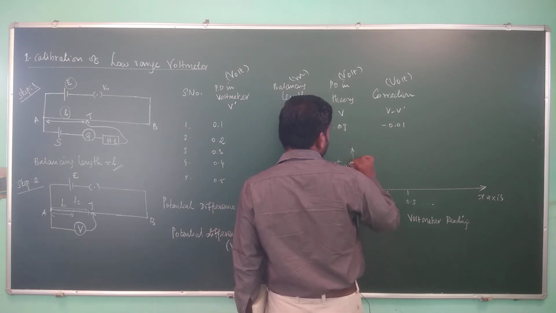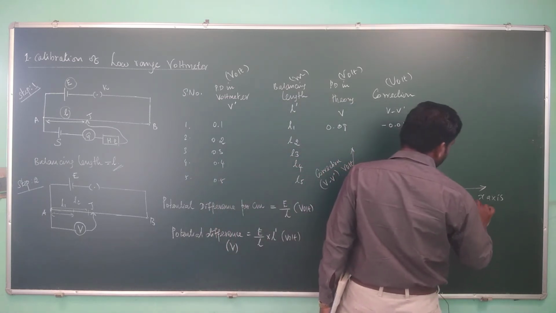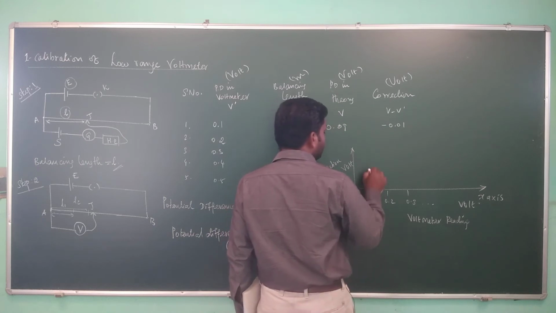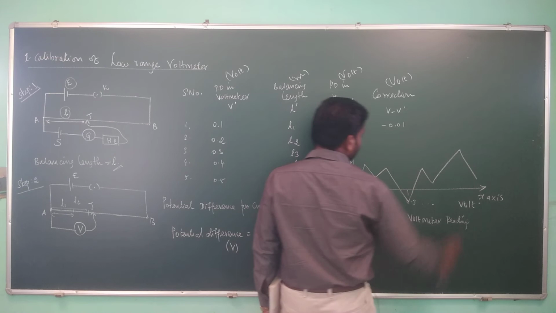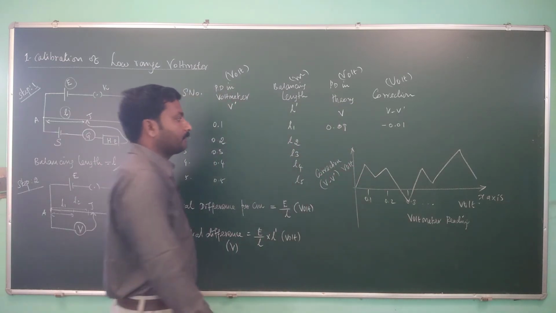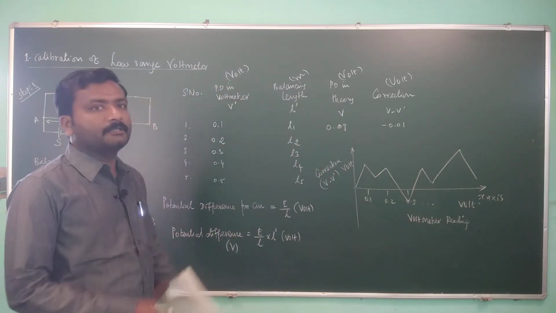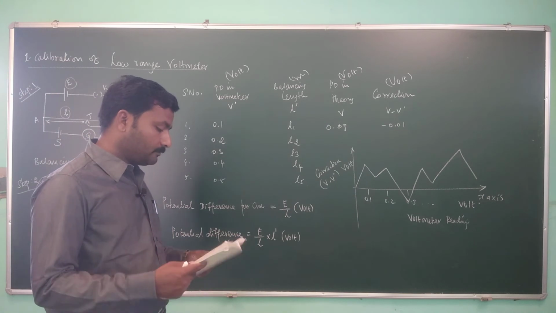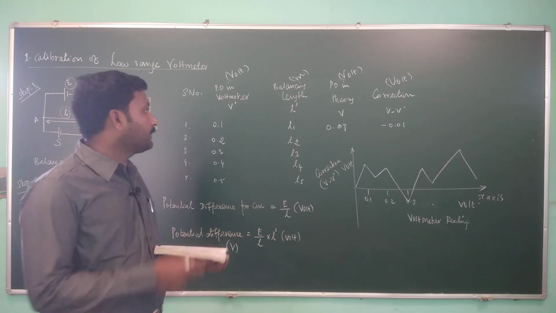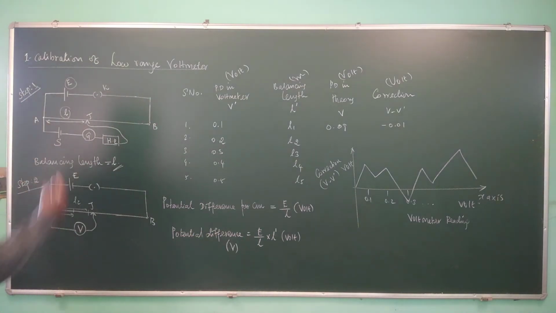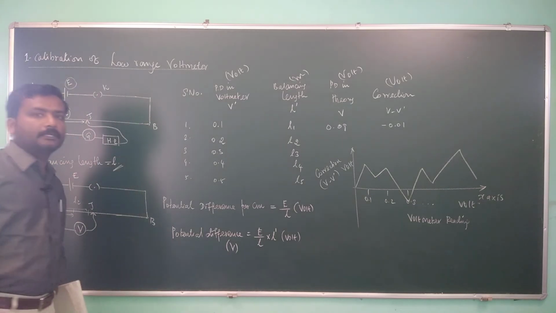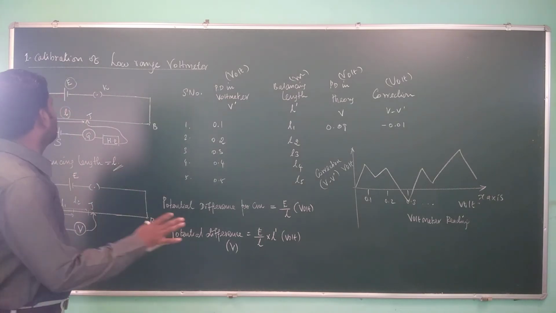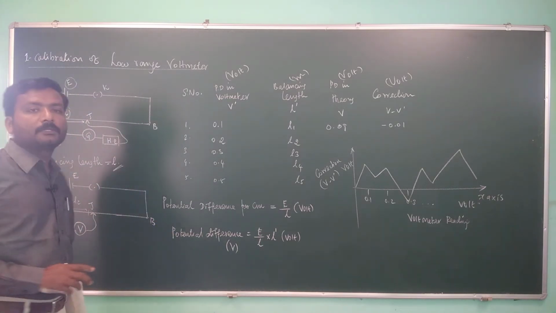This is in volt, and here also in volt, and you will get a curve like this. This calibration curve we can draw. From this we can get an idea about how this voltmeter is deviating from the theoretical estimation. So this is how we can calibrate the low range voltmeter.